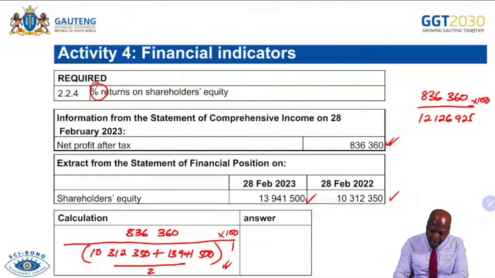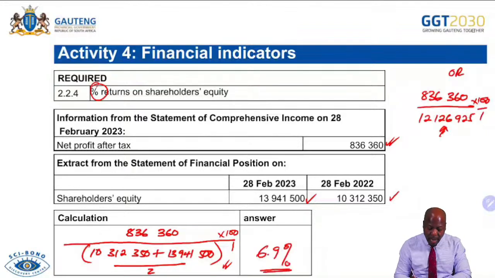Remember, you're still multiplying it by 100/1. How much do we then get after we have done either or? So we could have done that one, or someone would have done the calculation, then they get that average amount already. So someone is saying, Mr. Simbi, I get 6.9%. Okay, 6.9%. That becomes the percentage return on shareholders' equity.